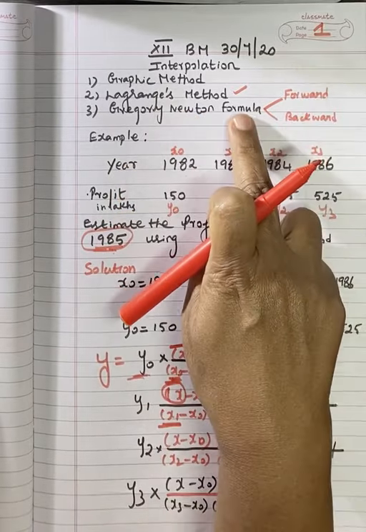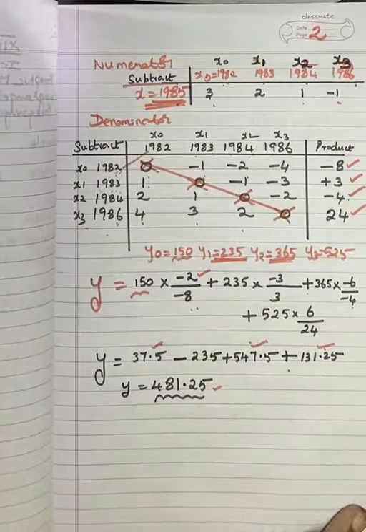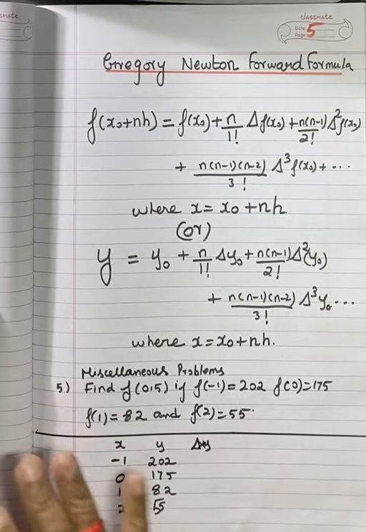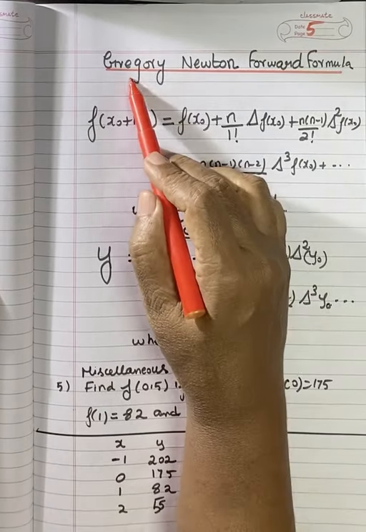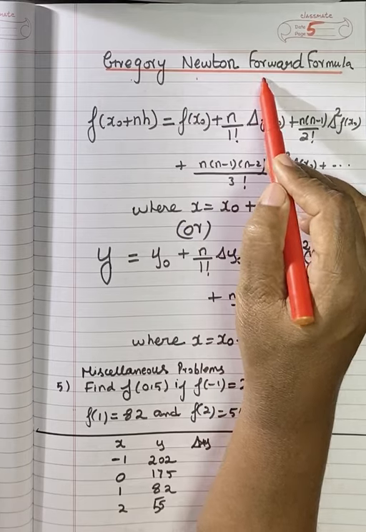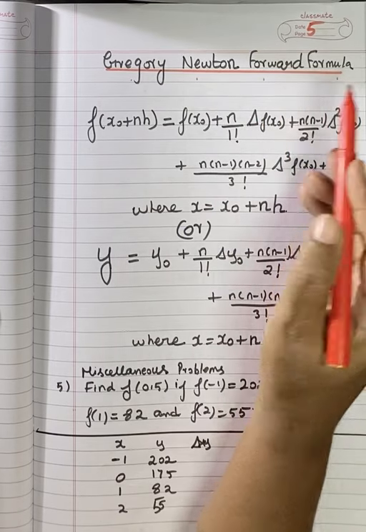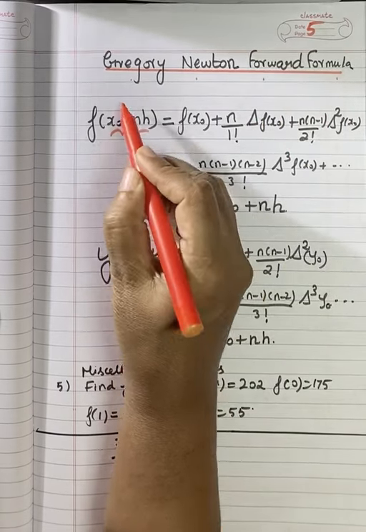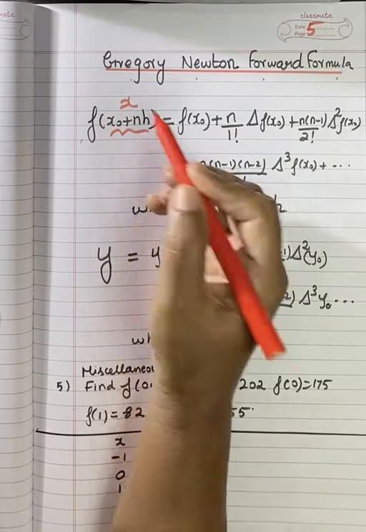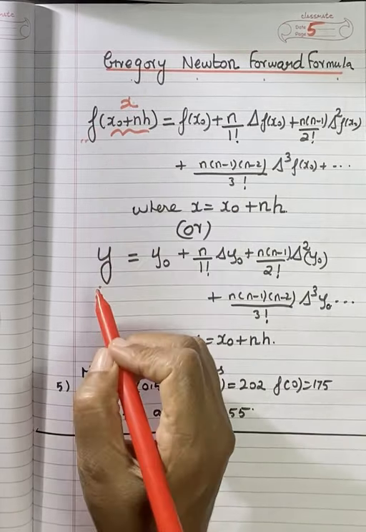Gregory-Newton forward formula. We learn the formula first. Then we do a problem related with that. Gregory-Newton forward formula. I must find x. F of x means y. I can write f of x or y also.